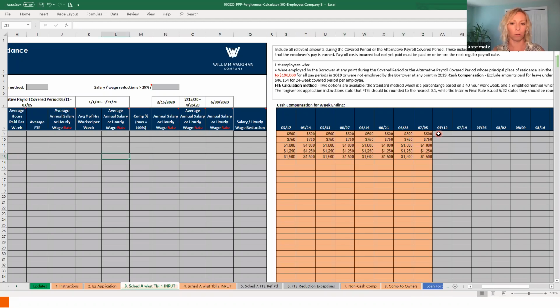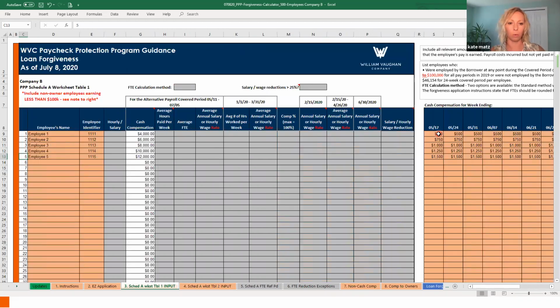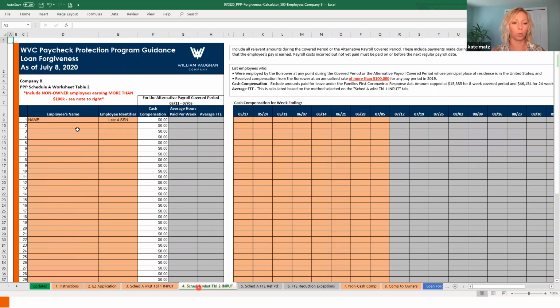So we've got our weekly payroll for all 8 weeks in, and that then populates for us the cash compensation during that alternative payroll covered period. All right, we'll move on to number 4.